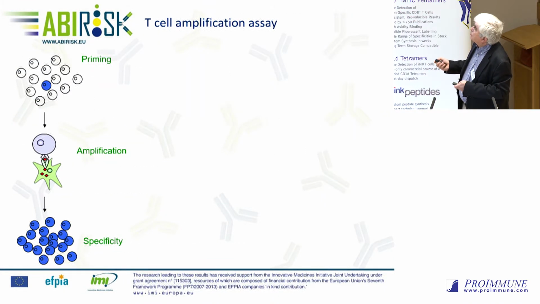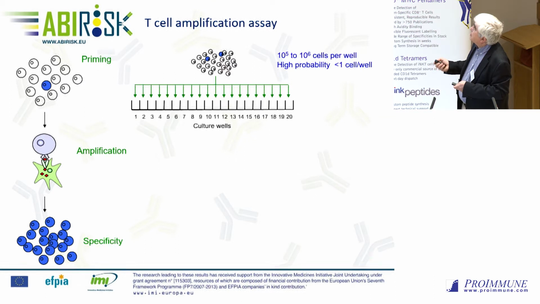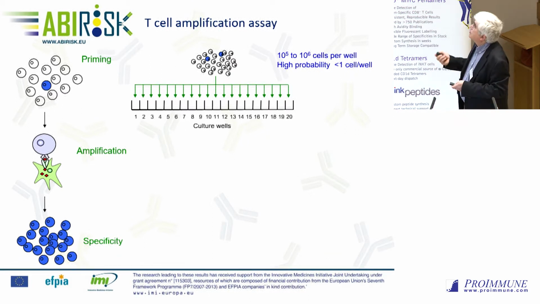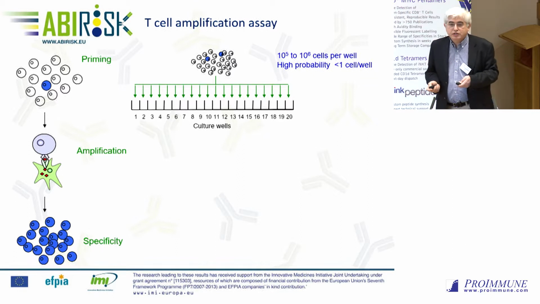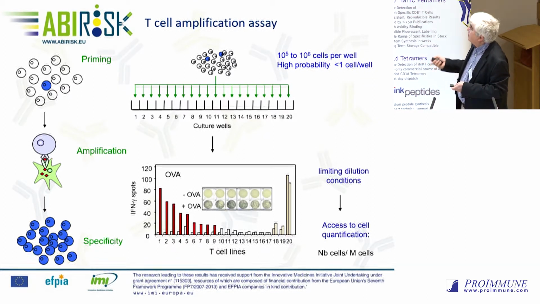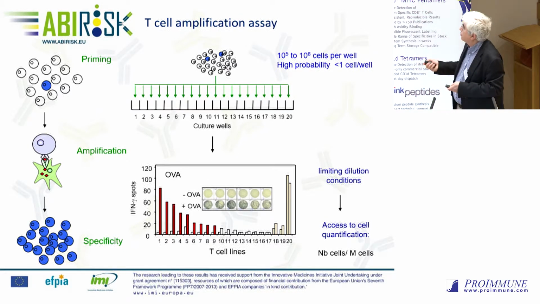The idea is that there are 3 steps, and we mix the donor cells previously loaded with the antigen with the purified CD4 cells, and this is done in multiple replicates. We stimulate the cells several times with dendritic cells loaded with the antigens, and at the end we perform a specificity assay using ELISpot.